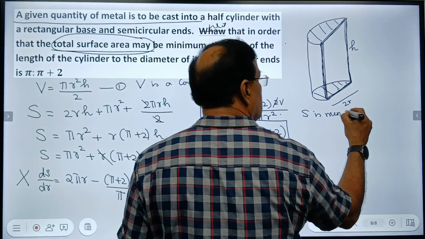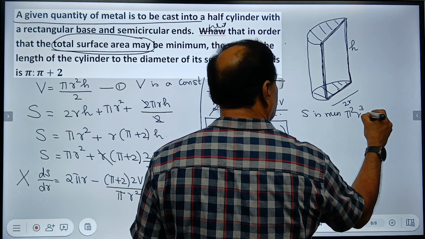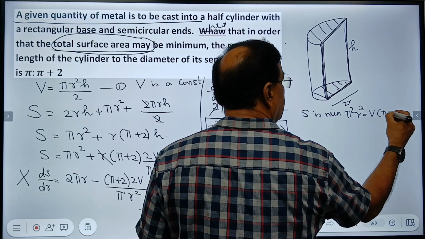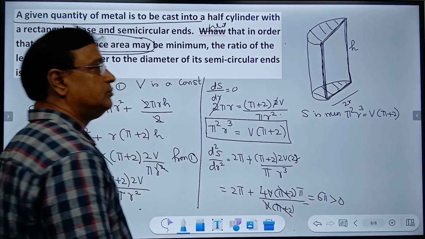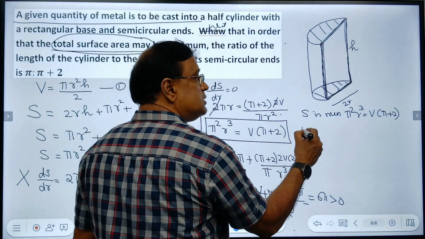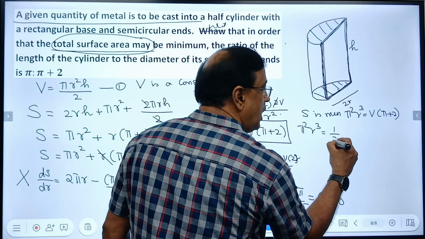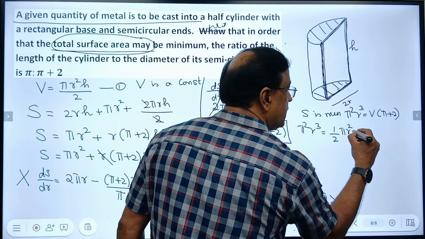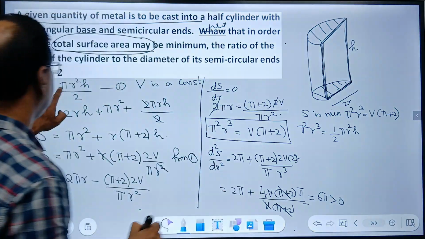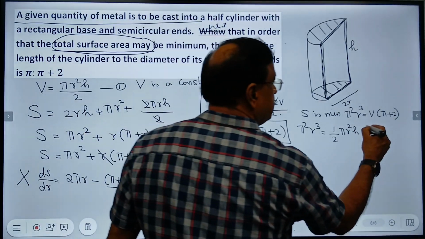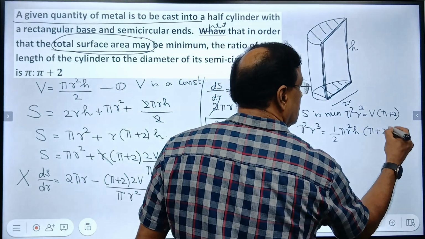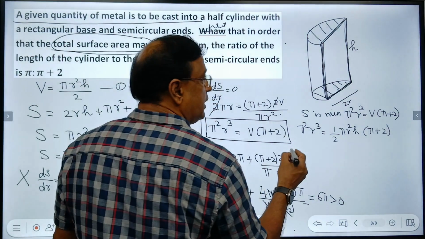When is it minimum? When pi square r cube equals v into pi plus 2. Now what is v? Half pi r square h from 1. And this is pi plus 2. So clearly you can cancel the pi.